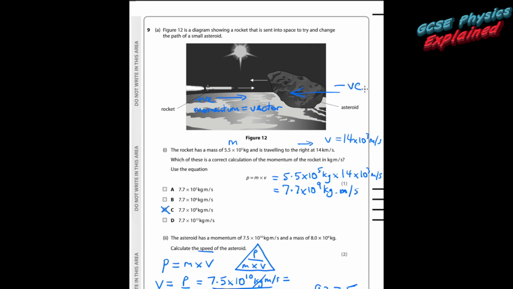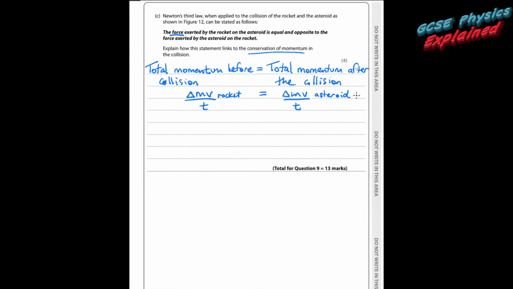So the change in momentum, the impact force, will be equal in size but opposite in direction, and that is represented by the sign positive or negative. So if we say the rocket going to the right is positive, that means we need to stick a negative sign in for the asteroid going to the left.